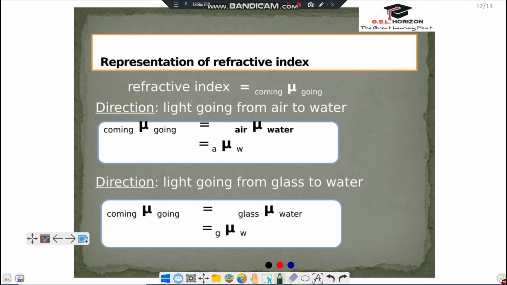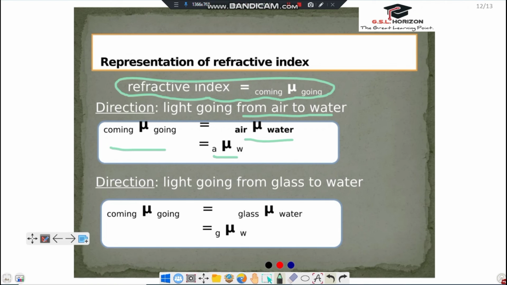This one is the representation of refractive index. Refractive index is written with the medium the ray of light is coming from and the medium it is going to. If light is going from air to water, then we write air mu water, or in short a mu w.